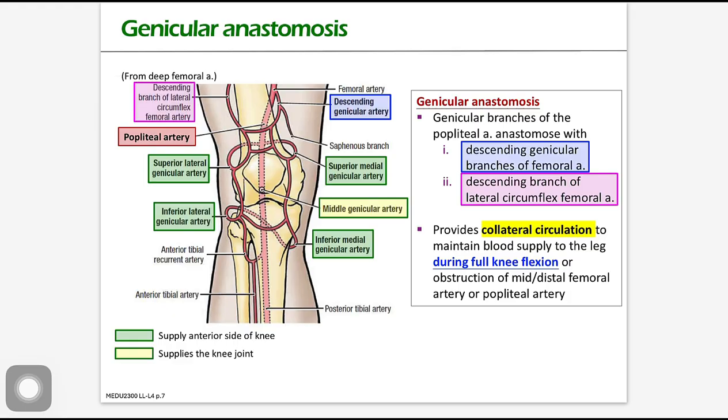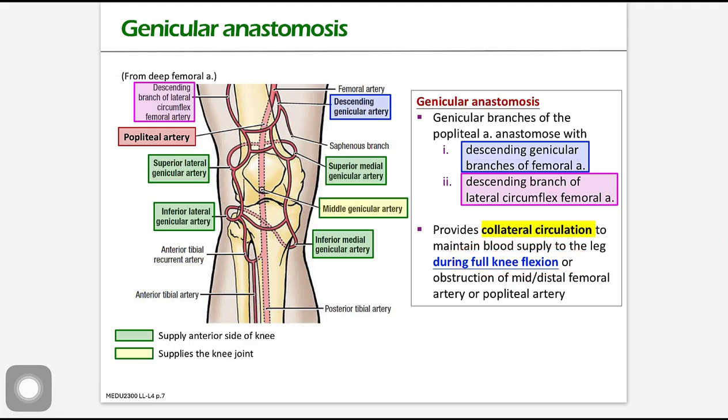So it is a collateral circulation that can maintain blood supply to the knee during full knee flexion, when the leg is folded. Full knee flexion, we still have blood supply.